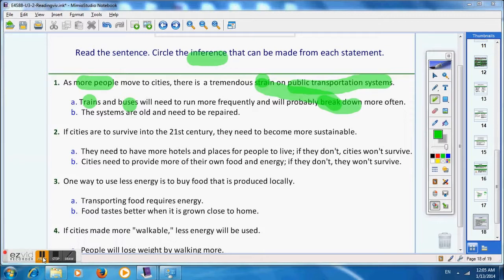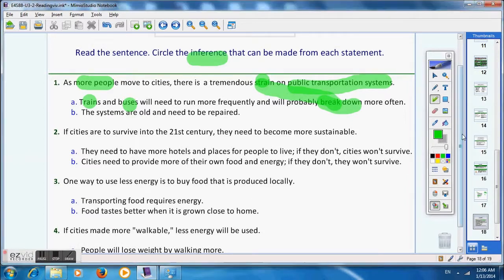Please answer. Statement number 3. One way to use less energy is to buy food that is produced locally. A. Transporting food requires energy. B. Food tastes better when it is grown close to home.